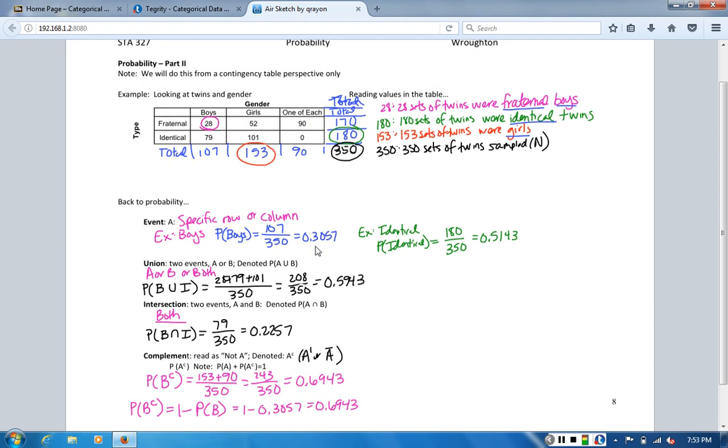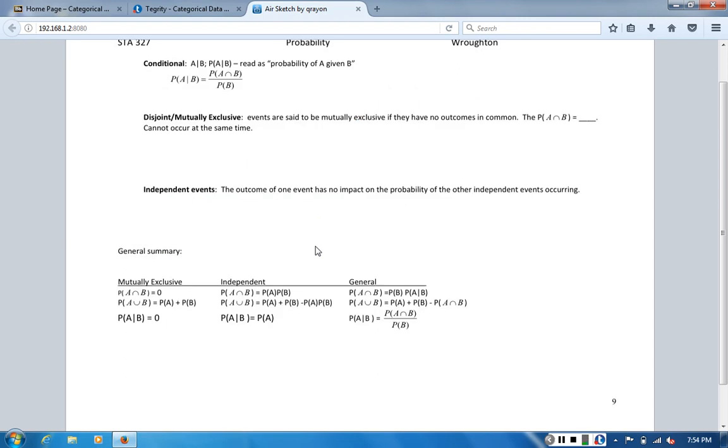Right, now to a little bit more specific type of event that we see a little bit more often, what's called a conditional. First, notation-wise, because you will see me write something like this, this is read as A given B, or the probability of A given B. What this actually means is, if B has already happened, what is the probability of A?